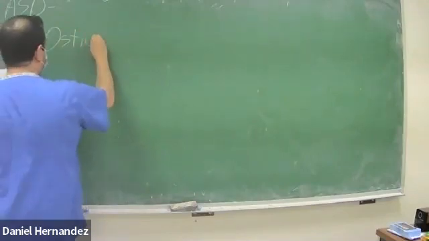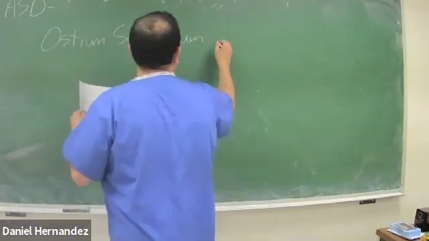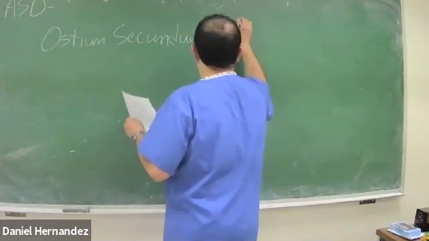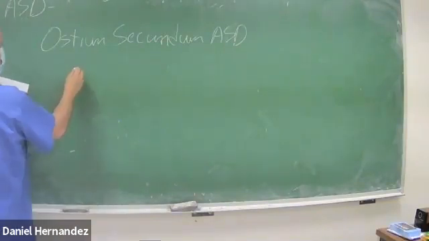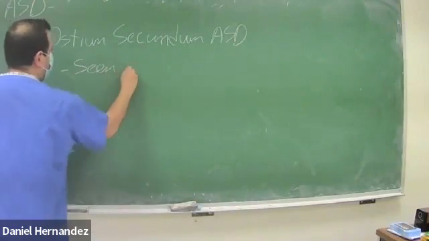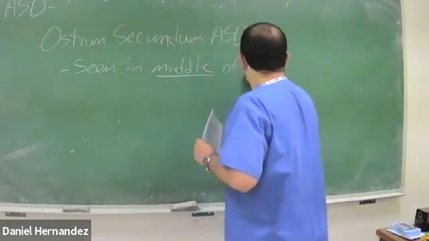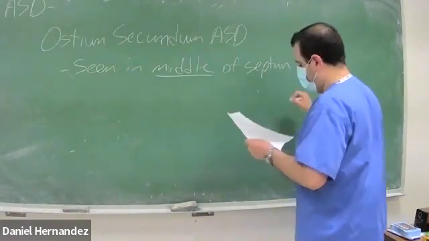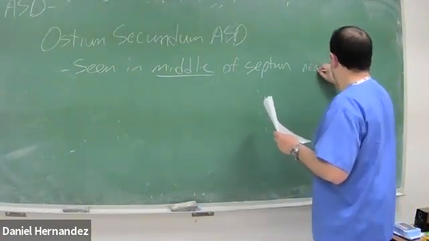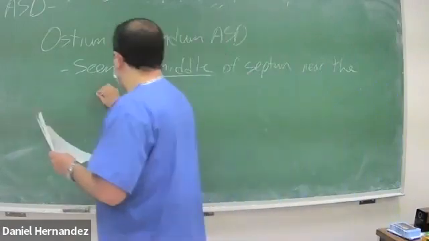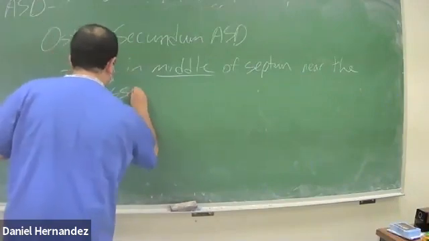So our ostium secundum ASD is seen in the middle of the septum here, at the fossa ovalis.